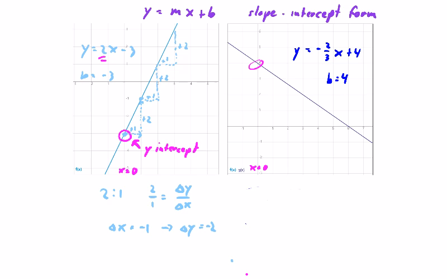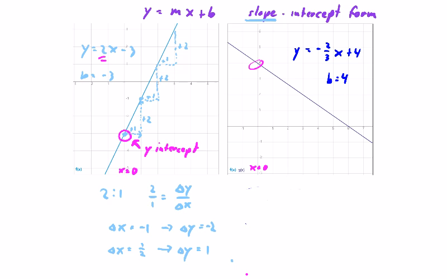And if we had fractions involved, if x had changed by 1/2, y would only change by 1, but that's still a 2-to-1 ratio. So the m value is the rate at which y is changing with respect to x changing, and that is called the slope of the line.